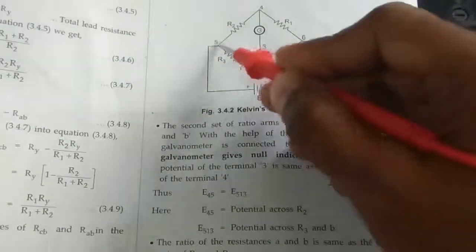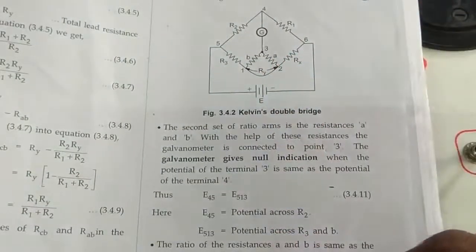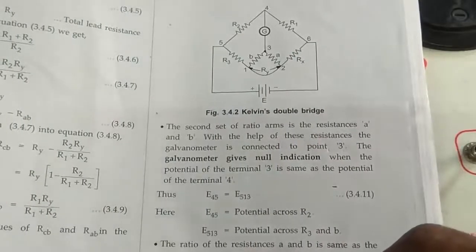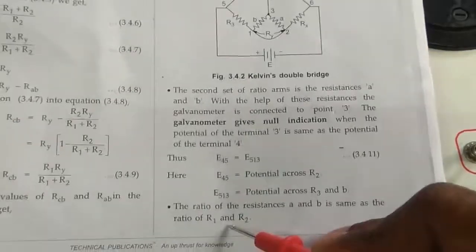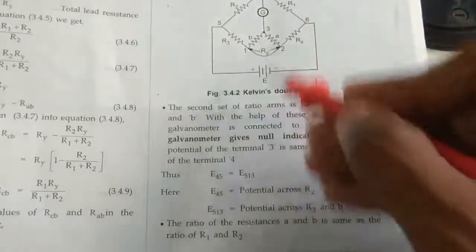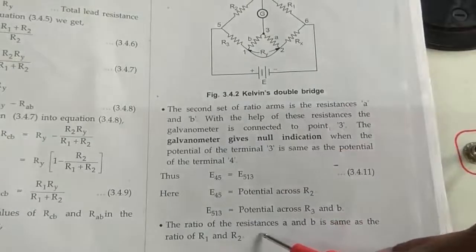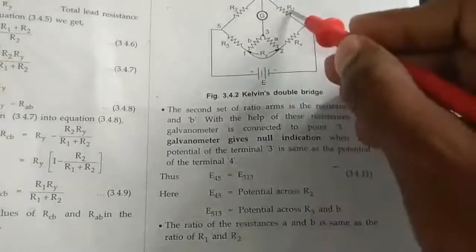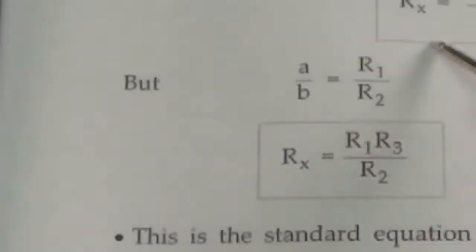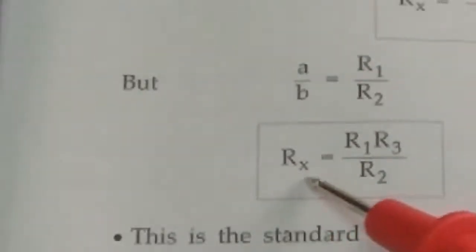Therefore, the ratio of resistances A and B is the same as the ratio of resistances R1 and R2, this one and this one. Since A upon B equals R1 upon R2, therefore Rx is equal to R1 R3 divided by R2. This is the standard equation.